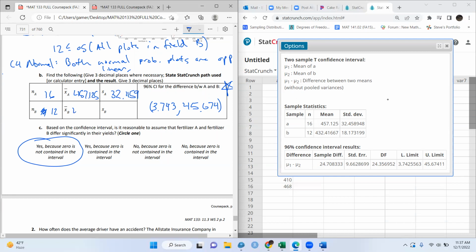And then here's the X bar for B. Here's the standard deviation for that one. What happens here is they do this test to calculate the difference, and we get a standard error about the difference of these means. And there's only one standard error calculation because we're subtracting these X bars.